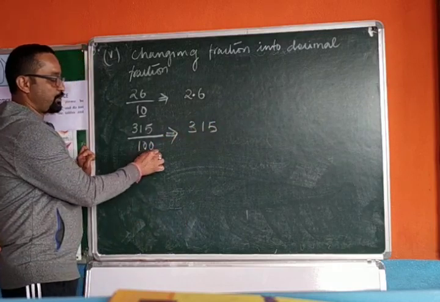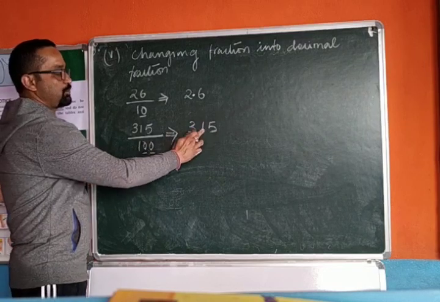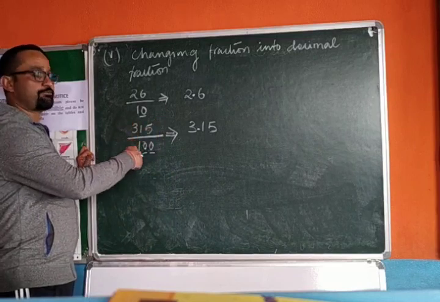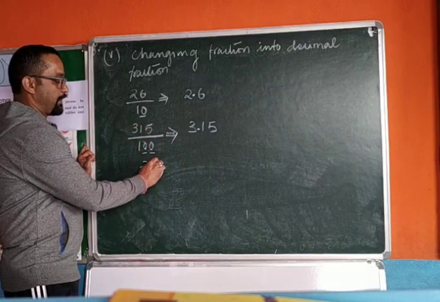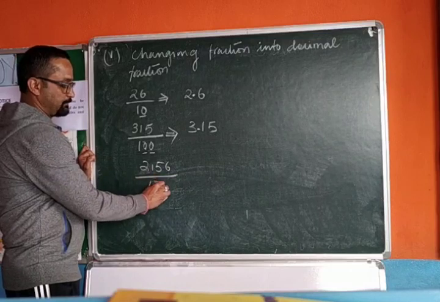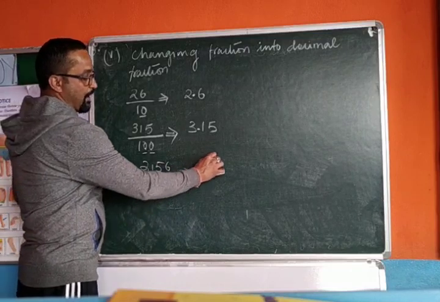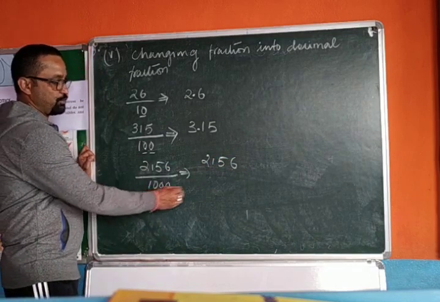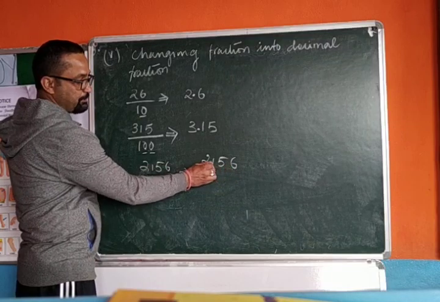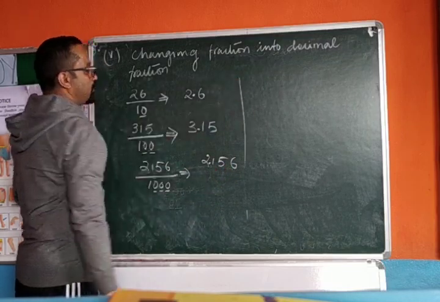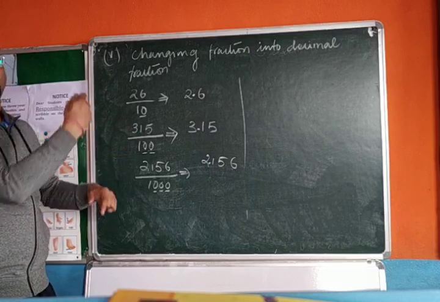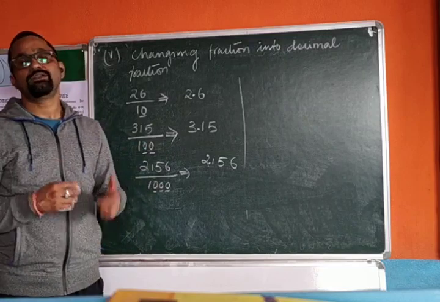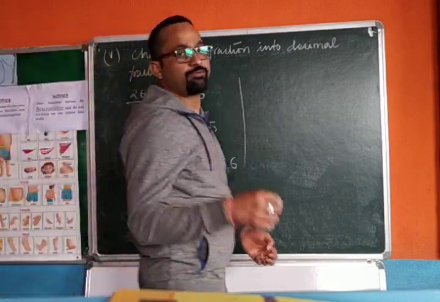How many zeros in the denominator? 2 zeros. 1, 2, put the decimal. 2 places, you have to shift to the left side. 2156 divided by 1000. 2156 you copy as it is. 3 zeros, 1 place, 2 place, 3 place decimal. This is conversion of fraction into decimal, which I have already done. I did it in the beginning only. Again I wrote it, so it doesn't matter. It will be practice, revision for you all.